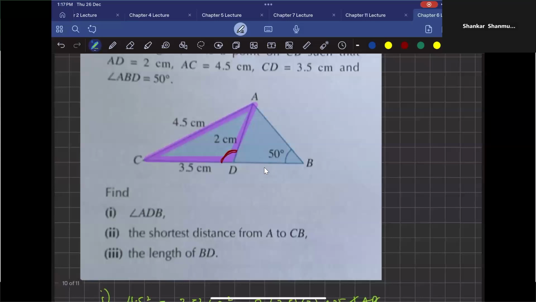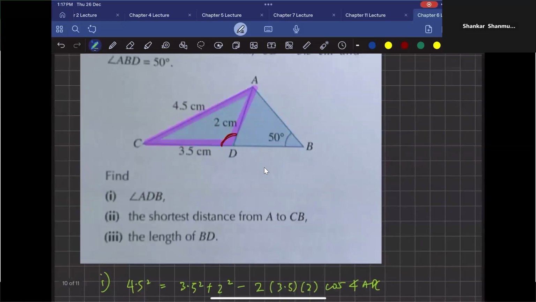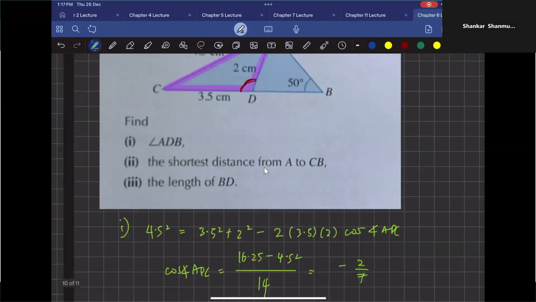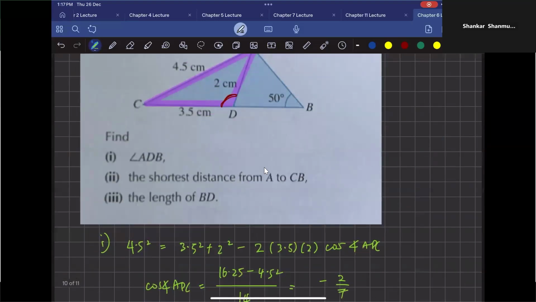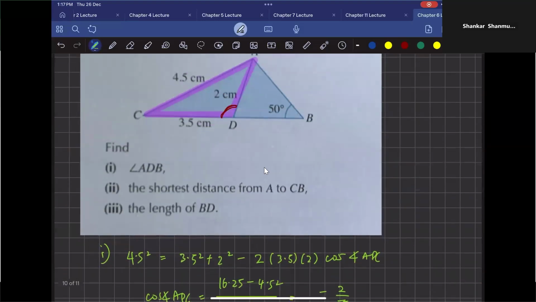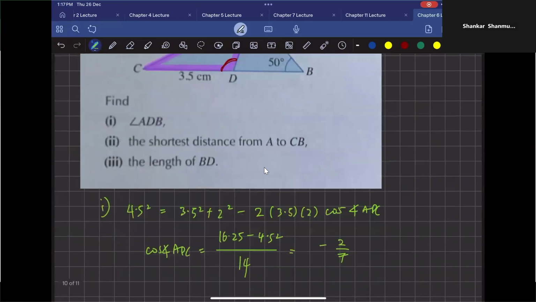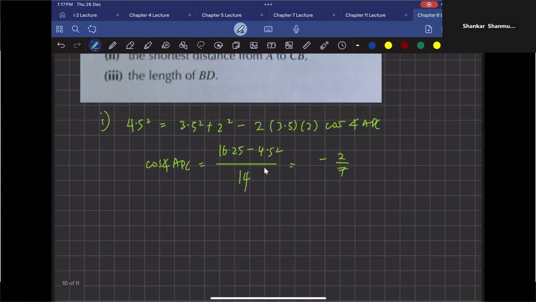And it makes sense why it is minus, because it's an obtuse angle. Remember your trigo identities that we learned earlier: for cosine, if it is more than 90 degrees, it should be negative. Given that it's negative here, you're on the right track.